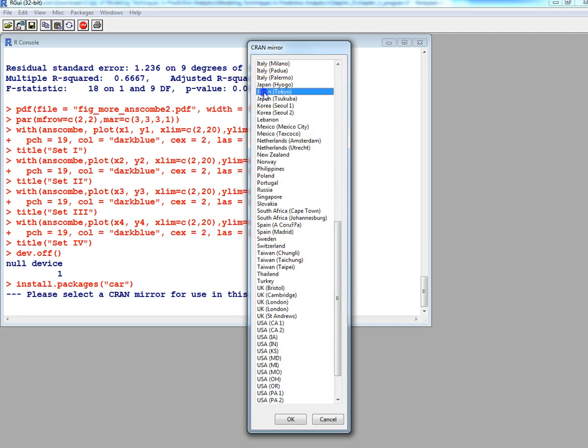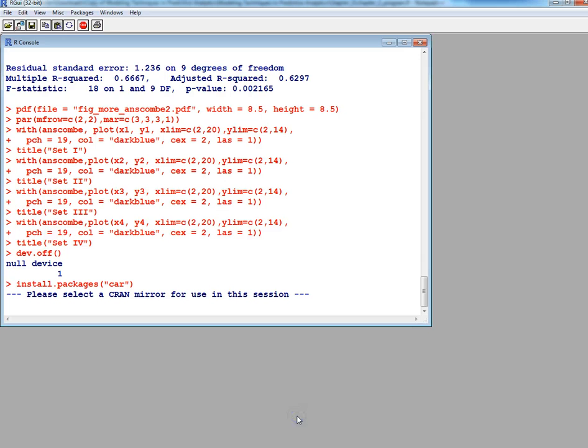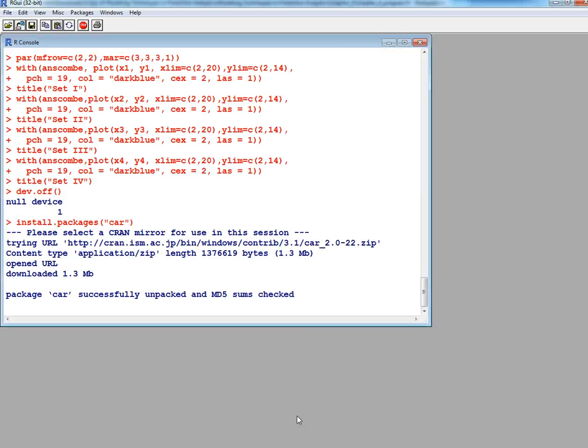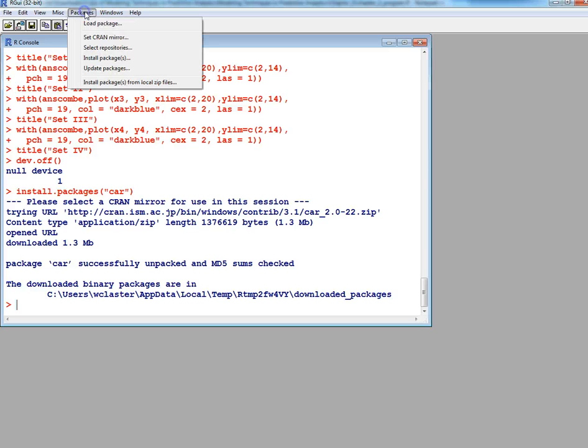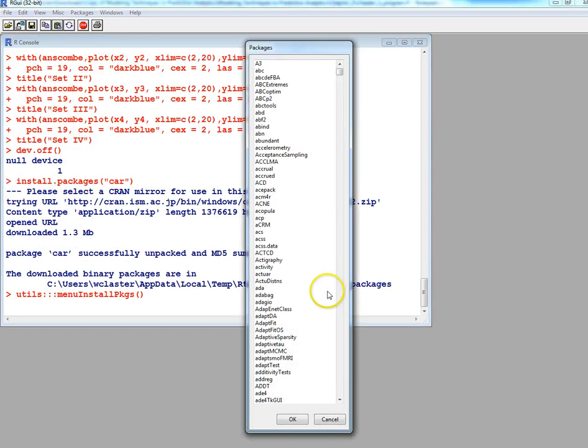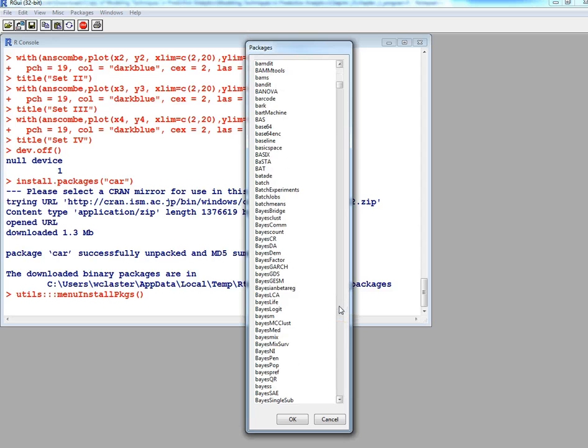So you could do it that way, install the package, and it downloads it and installs it. Or you could have done it this way, Packages and Install packages here. You could do that, install packages. And the other one was lattice, so I'll do that one.